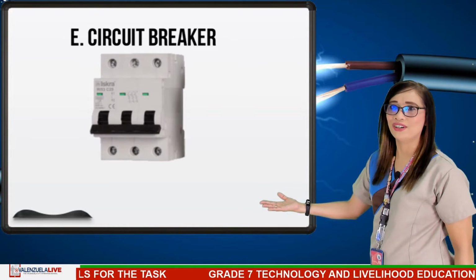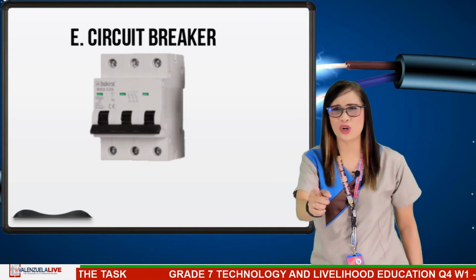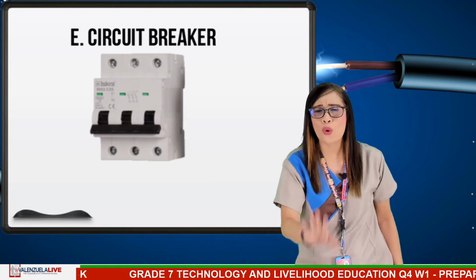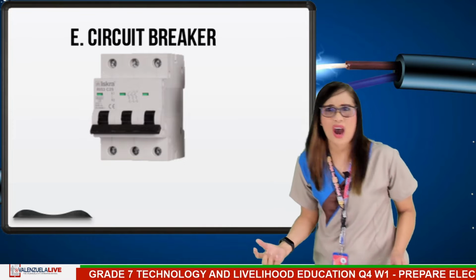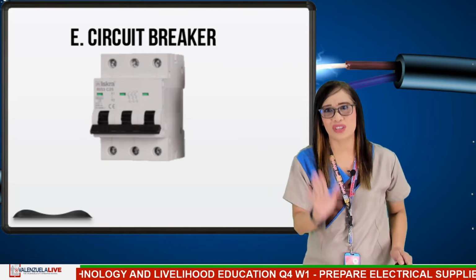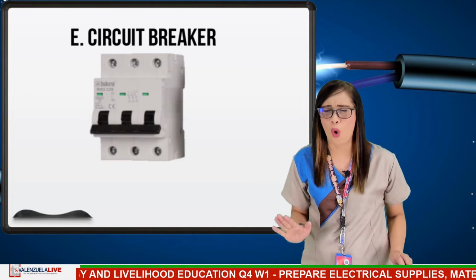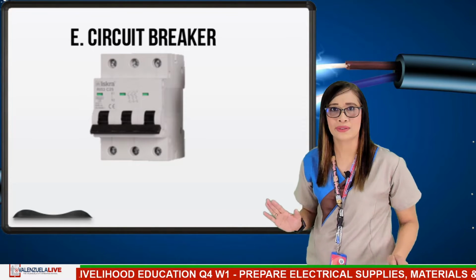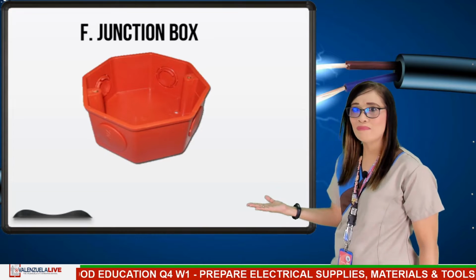Circuit breaker. This is a protective device used to automatically interrupt the current when trouble in the circuit, such as short circuit or overload, occurs. Junction box.